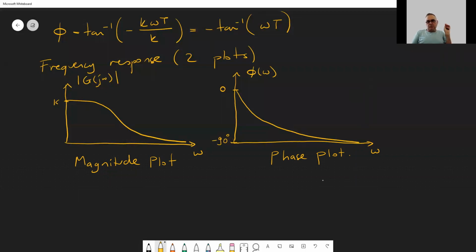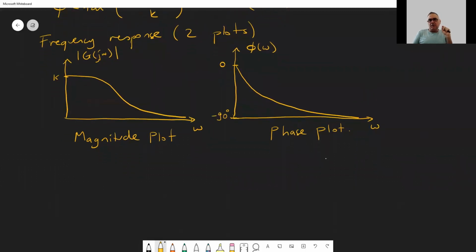So we can plot different kinds of systems. Actually, in that video I have recorded, I have given you the example of a second order system too. A second order system also has a magnitude plot and a phase plot.